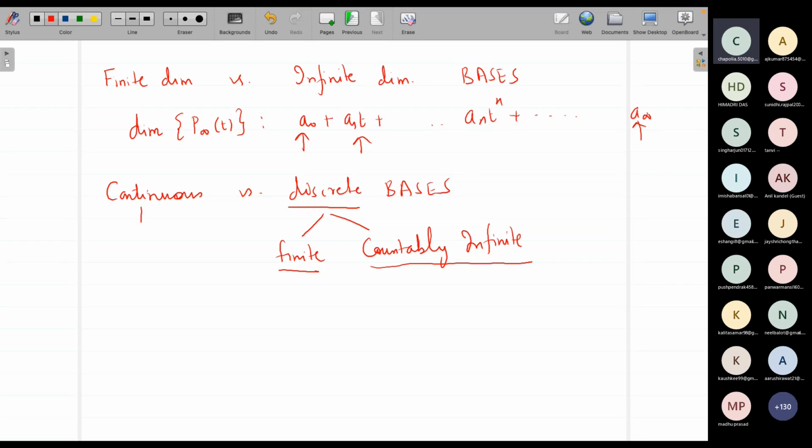What would be the continuous basis? Sir, uncountable infinite. Uncountable infinite. Can you give me any example? Sir, the set of real numbers over the real field. The set of real numbers over the real field.